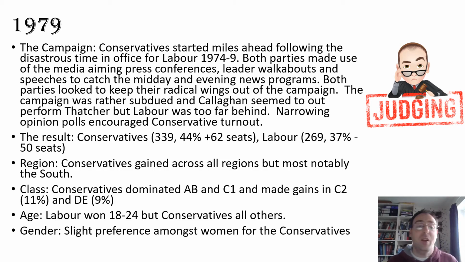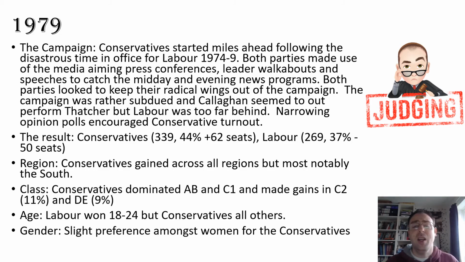Both parties looked to keep their radical wings quiet. Labour manages to do this in 79, though they are ruling the roost by the time we get into the 83 election, and the Conservatives keep the more radical elements of their party under wraps as well.